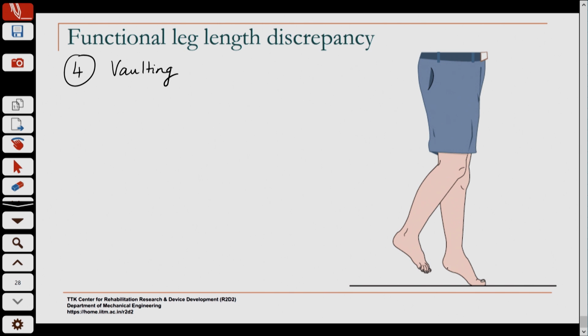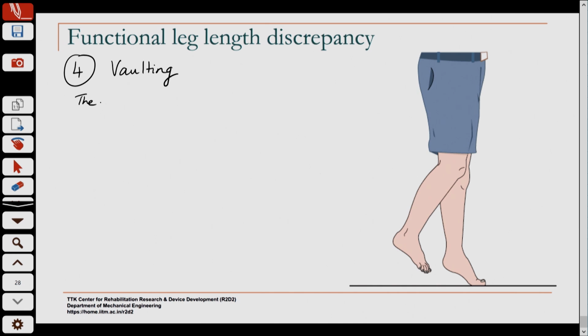Essentially they are going on tiptoe on the good leg. The problem is not with that leg, the problem is with the other leg. But they are using the stance leg to compensate for the lack of sufficient shortening in the swing leg.